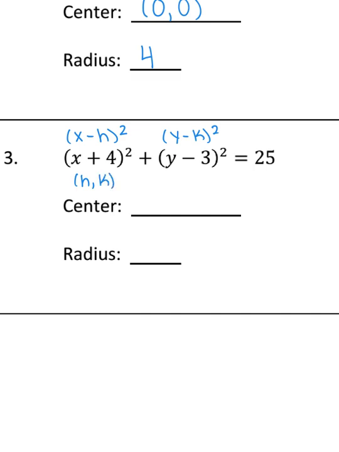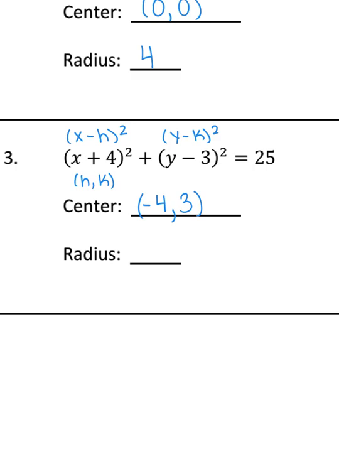So we need to switch the signs that we're working with. For our x value, we are going to have -4, and for our y value, we're going to have +3, to give us the coordinate of the center as (-4, 3).